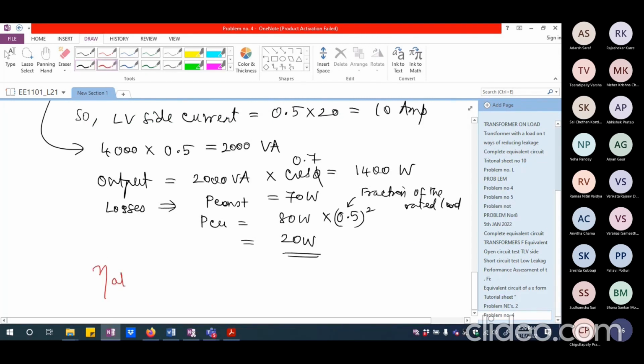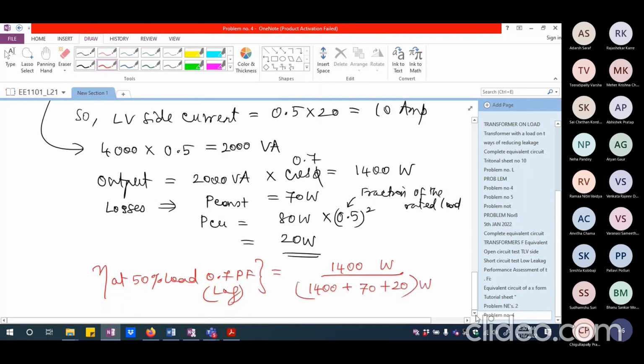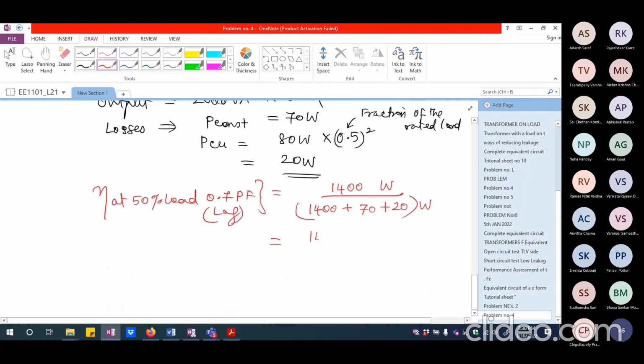So I can write the efficiency at 50% load, 0.7 power factor lag, is going to be 1400 divided by 1400 plus 70 plus 20. So I'm going to have 1400 divided by 1490 watts.